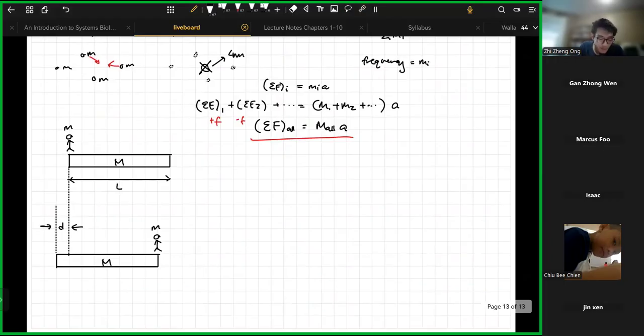The key idea here, since we were talking about center of mass and Newton's third law, is that this problem is a center of mass problem.